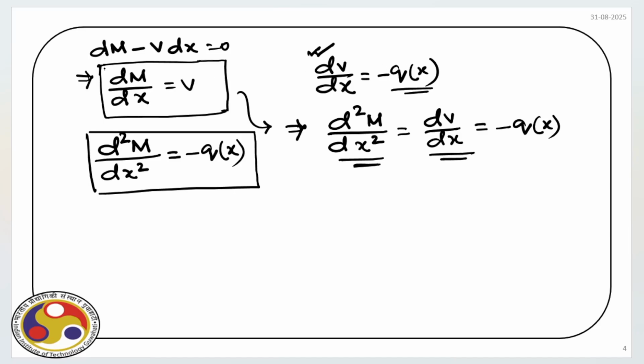If we differentiate bending moment with respect to x, we get the shear force at that particular section at x along the length of the beam. And if we differentiate twice the bending moment with respect to x, we get again the negative of the load we apply at a location x.